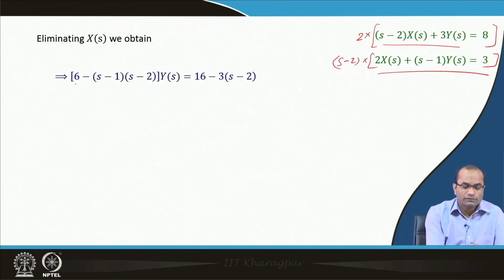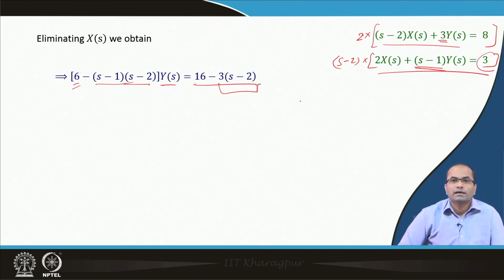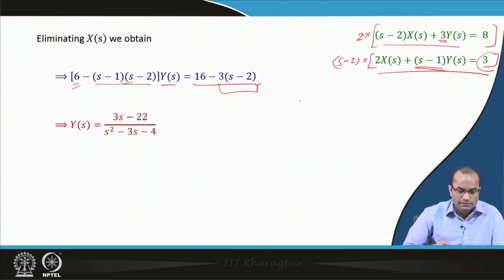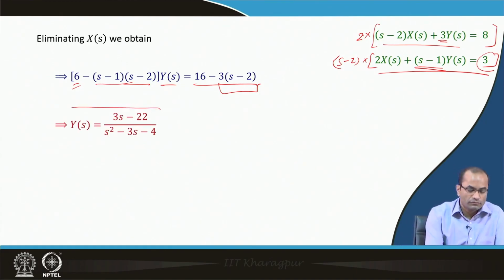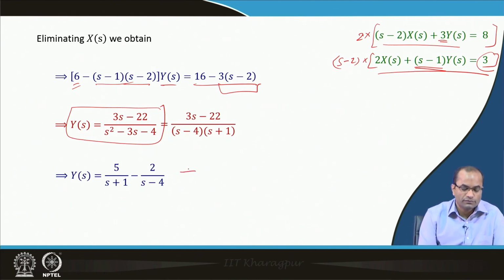So, this is what we will get there, we have the 6 there and minus s minus 1 and s minus 2 y s. The right hand side will be 16 there, and minus then 3 times this s minus 2. So, having this, again we can rewrite this as y s equal to 3 s minus 12 over s square minus 3 s minus 4, and again as a final step we have to go for the inversion of this. So, we will take the inverse transform after doing these partial fractions.